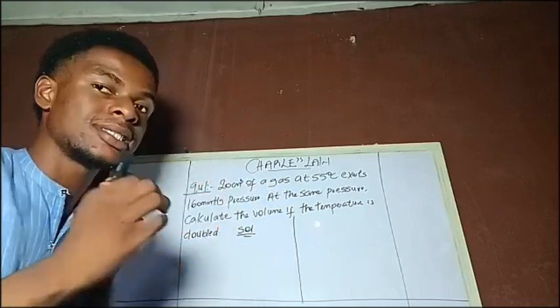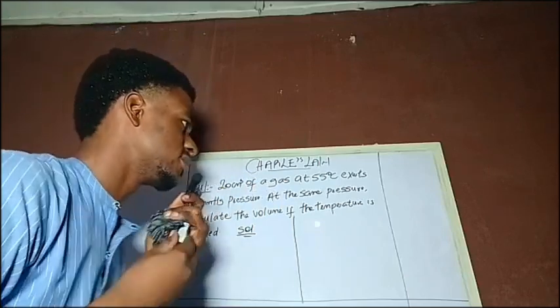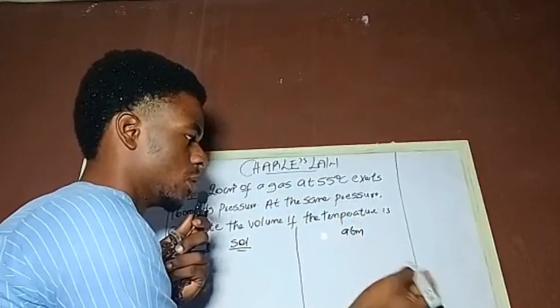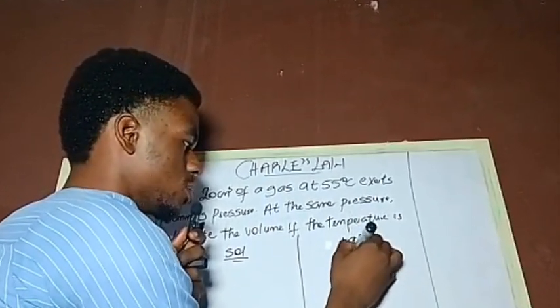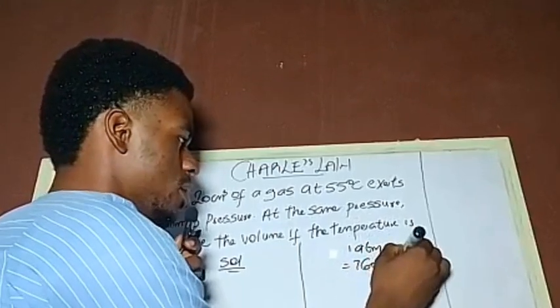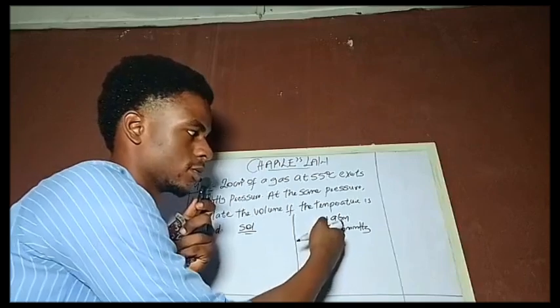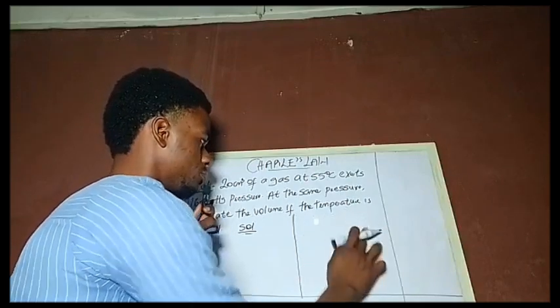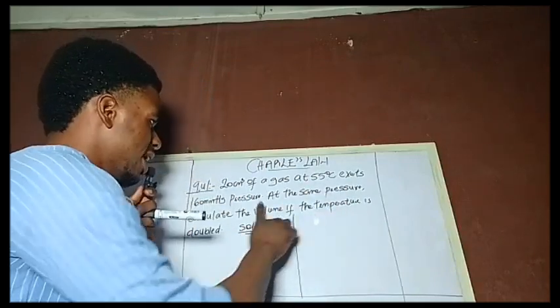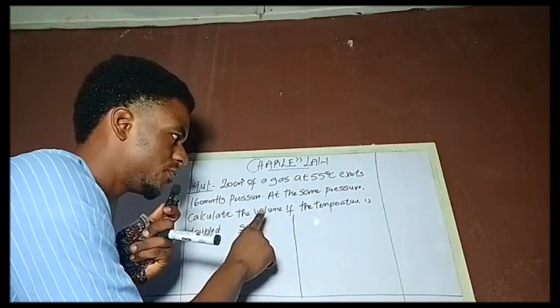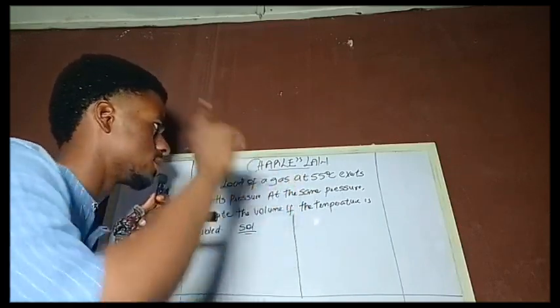Sometimes you might see it as atm, which represents atmospheric pressure. So 1 atm equals 760 millimeter mercury. Let's move on. They said at the same pressure, calculate the volume if the temperature is doubled.